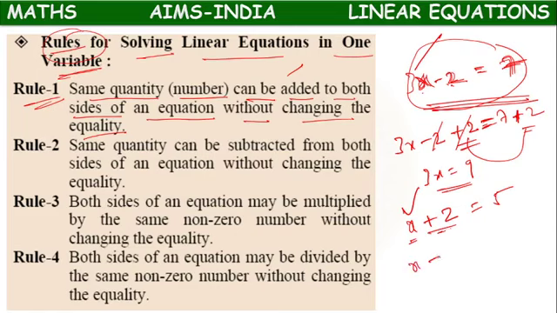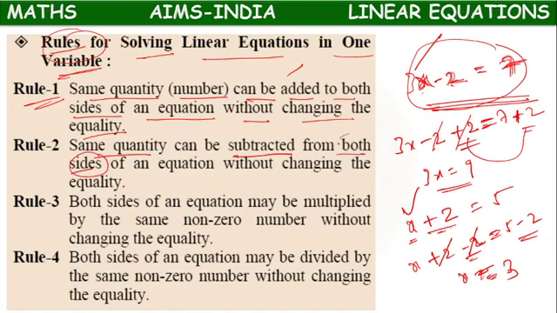Plus 2 we want to remove. What we can do? Opposite to that, minus 2, means same number we have subtracted. Then 2 cancel. x equals 5 minus 2, 3 we are getting.